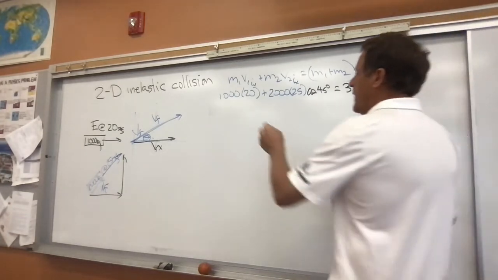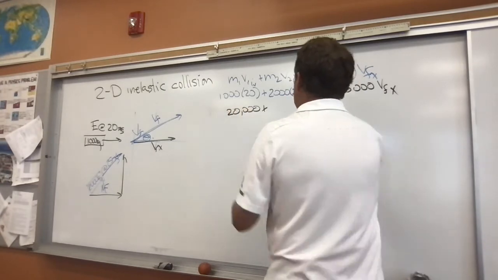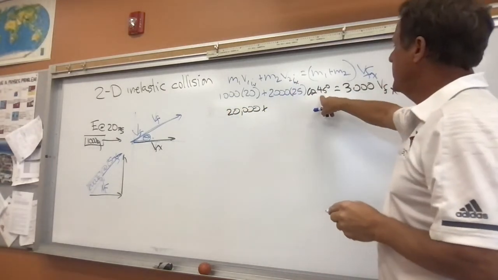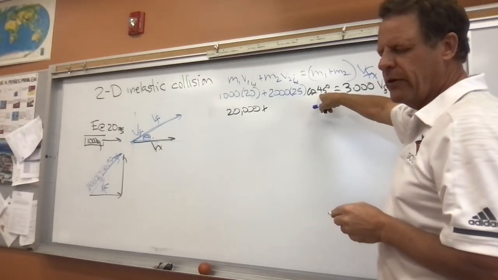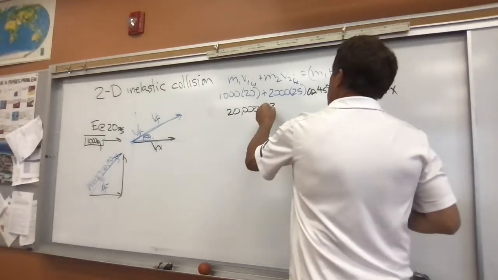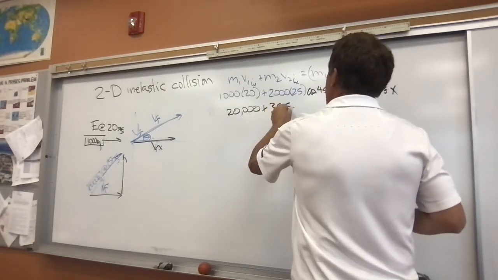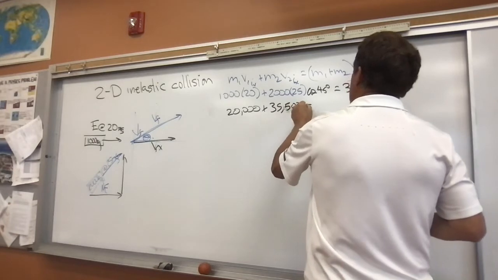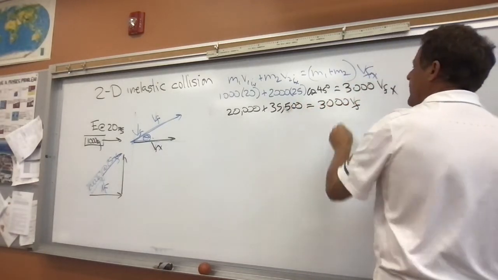So we're going to have 20,000 plus 50,000 times the cosine of 45, which is going to be about 35,500, and that's going to equal 3,000 v final.